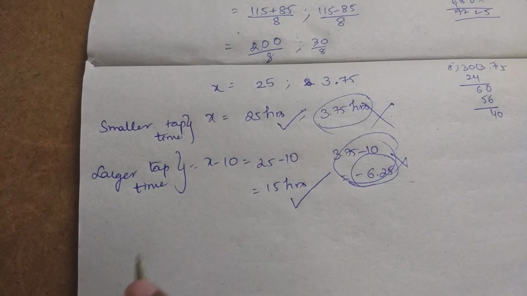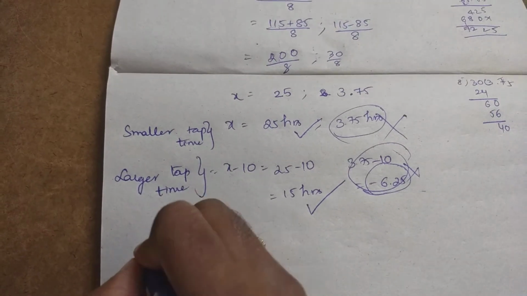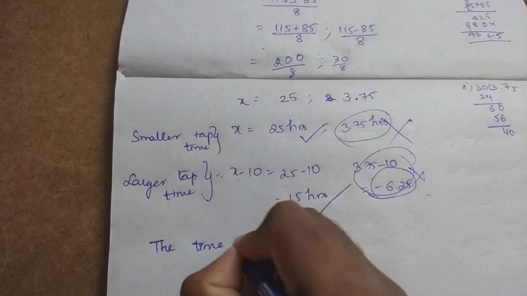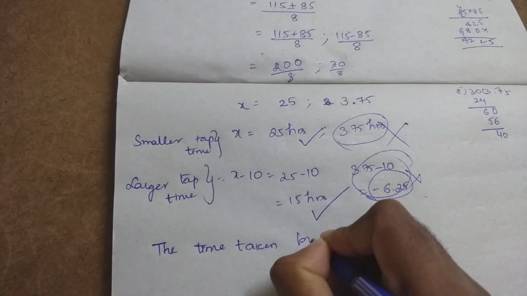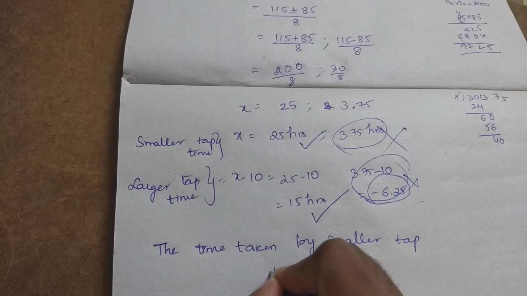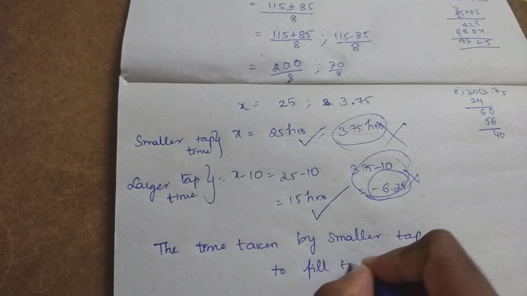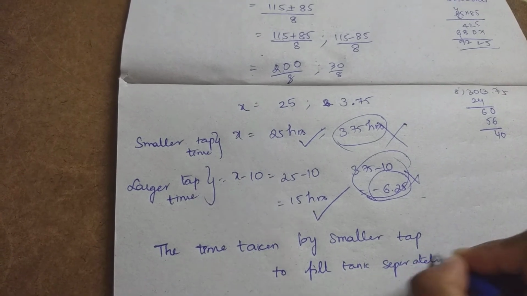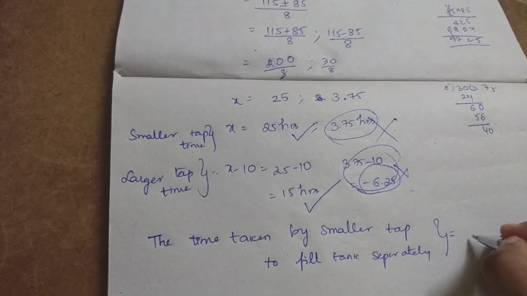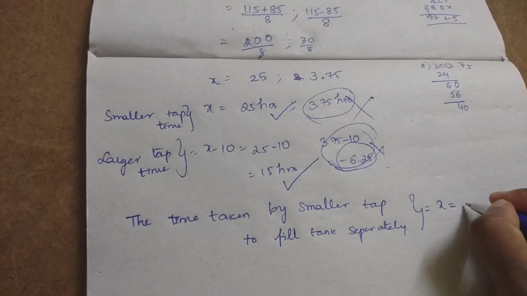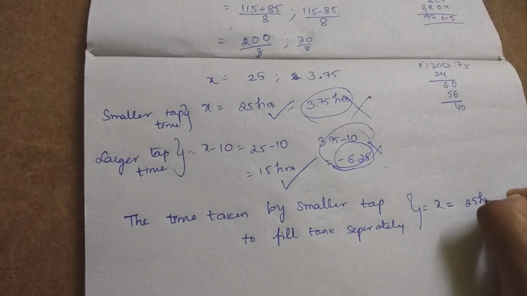Okay. So the time taken by the smaller tap to fill the tank separately equals x, which is 25 hours.